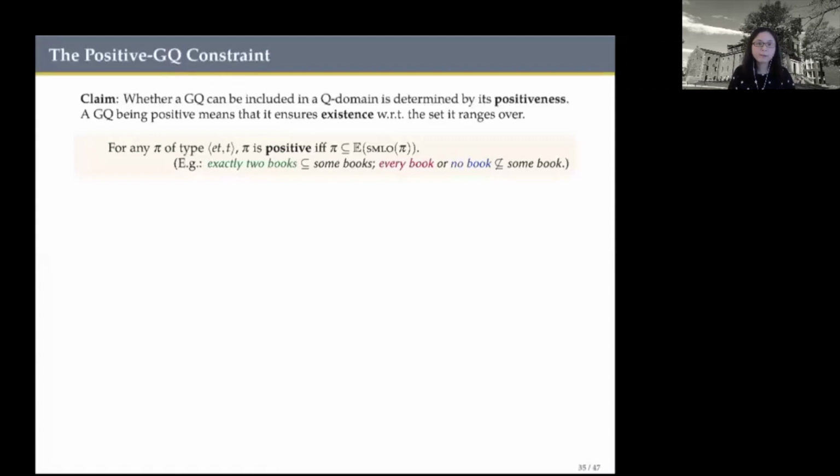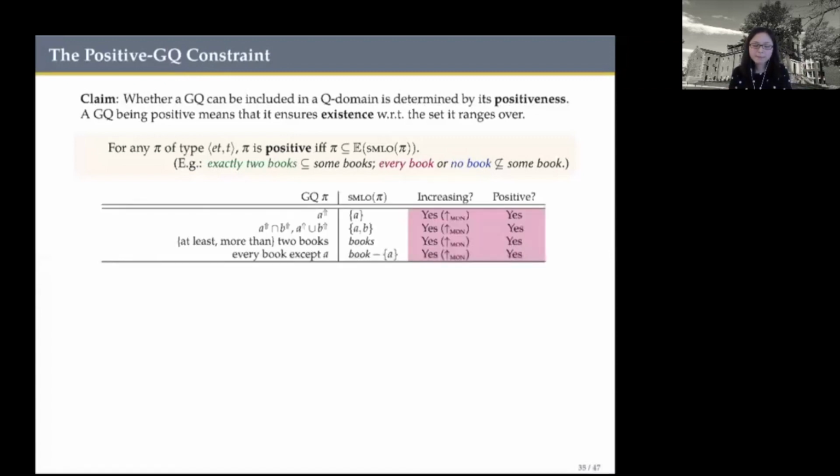A generalized quantifier being positive means that it ensures existence with respect to the set it ranges over. So for example, exactly 2 books entails the existence of some books, while every book or no book does not entail the existence of some book. Formally speaking, for any pi of type ett, pi is positive if and only if pi is a subset of the generalized quantifier derived by applying existential quantification over the set that pi ranges over.